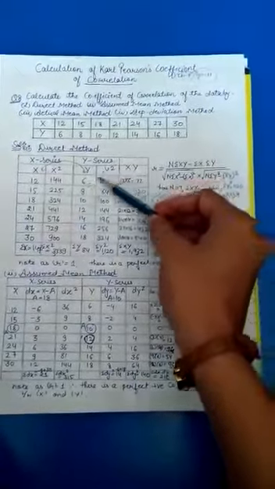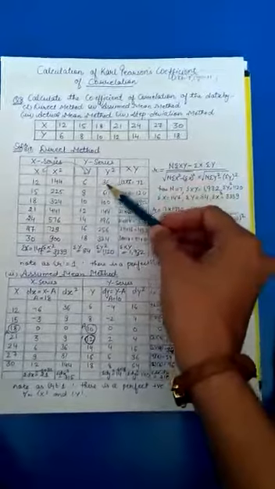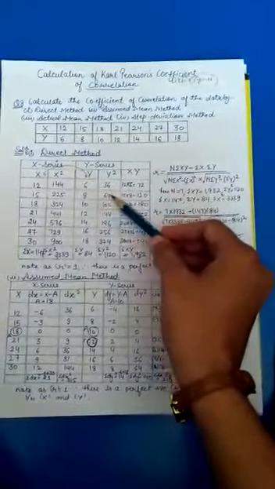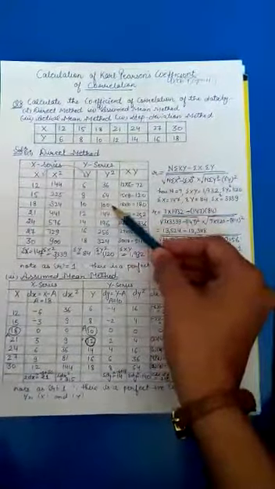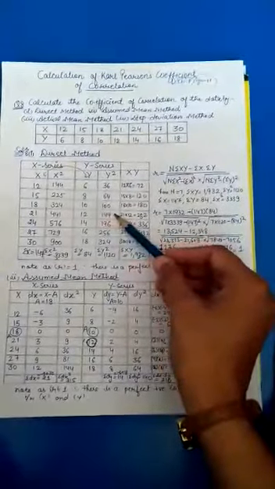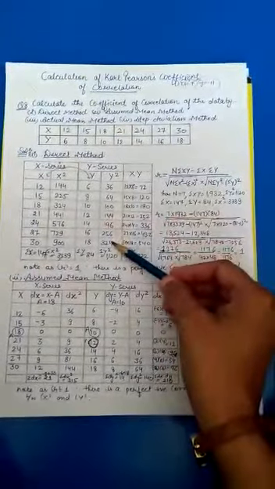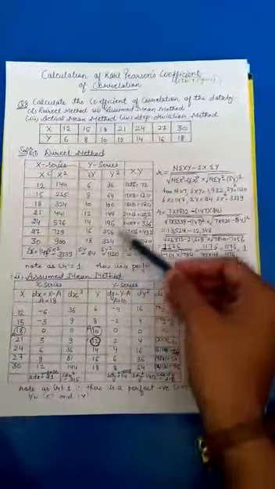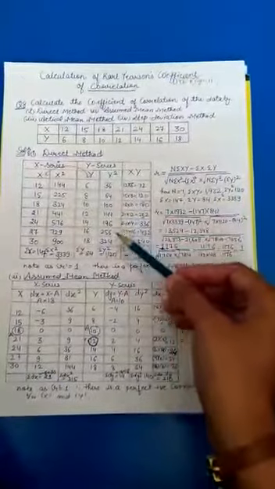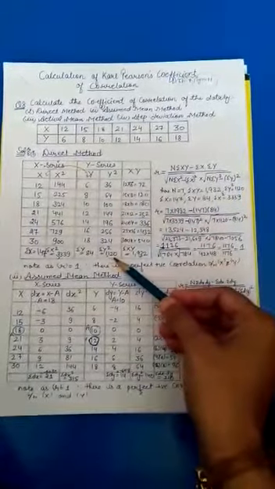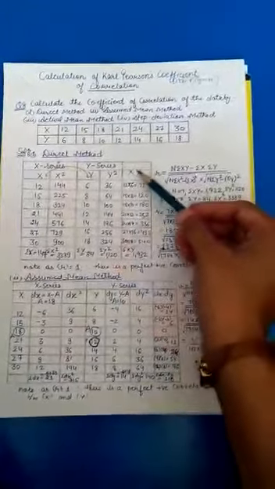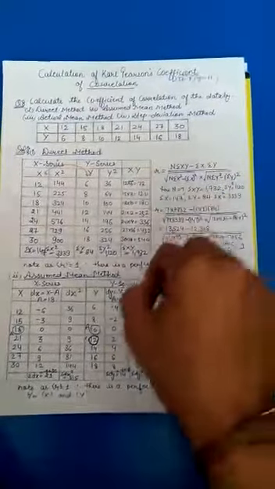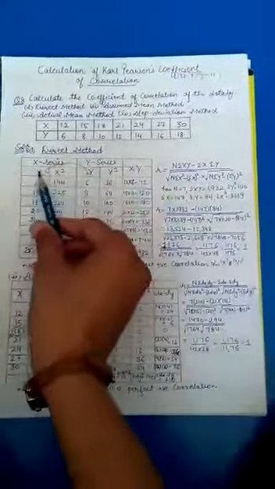So y square is 6 square, that is 36, 8 square is 64, 10 square is 100, 12 square is 144, and others are also in the similar way. Now at last you have to do the total of this, that is sigma y square. When you add up all these values, you will get 1120.